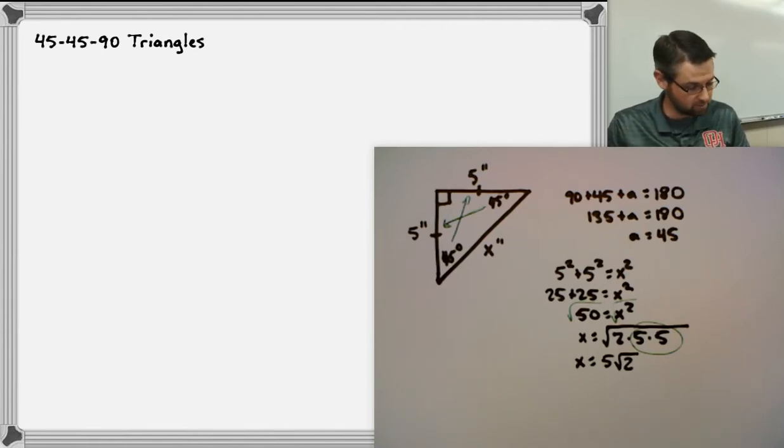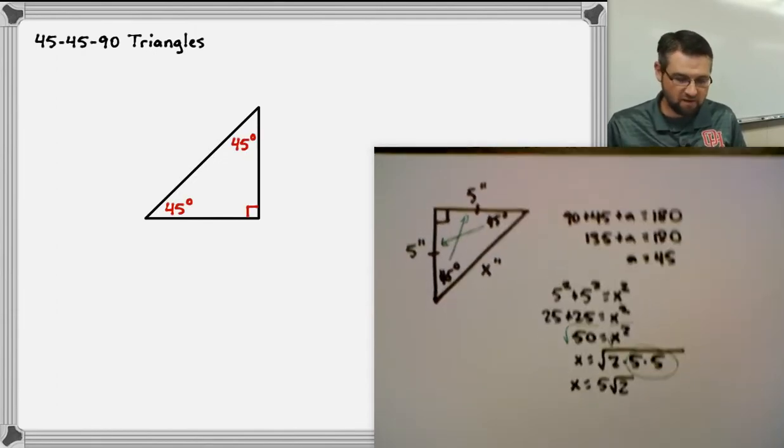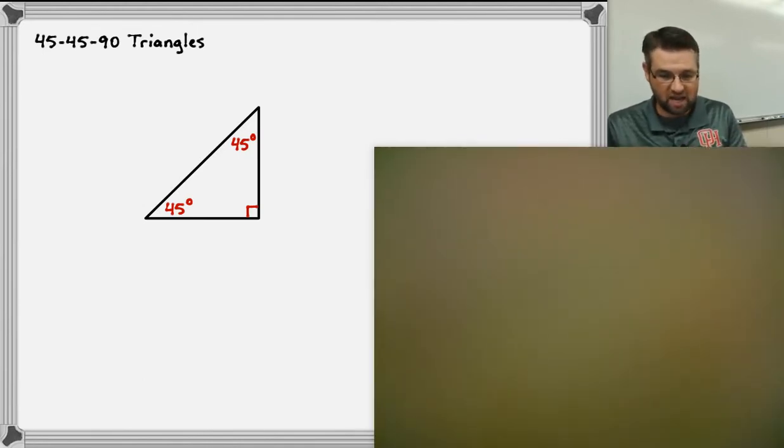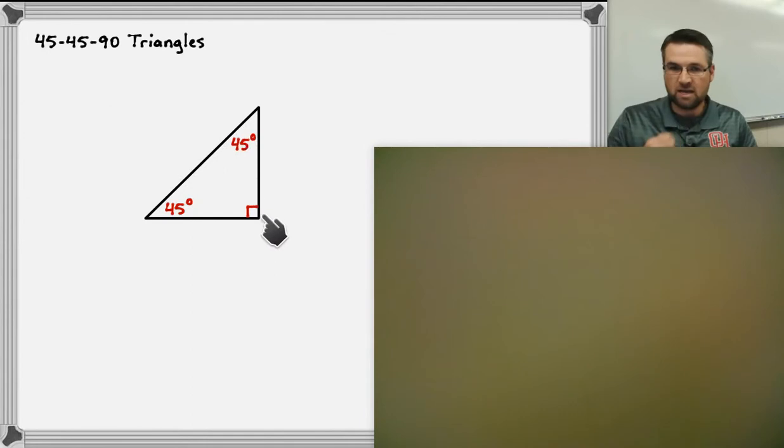analysis and calculus, okay? So here is, in this diagram, a picture of a 45-45-90 triangle. We know that this is a right isosceles triangle. Why do we know that? Just like we talked about, there's your right angle, so it's a right triangle.